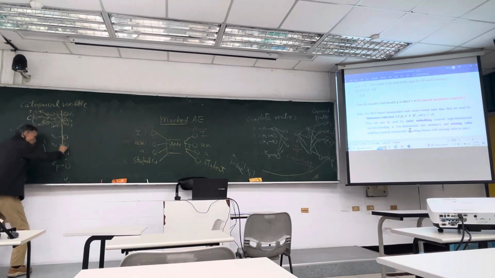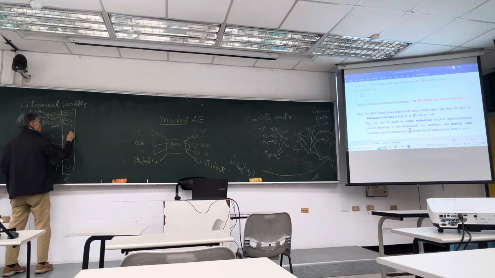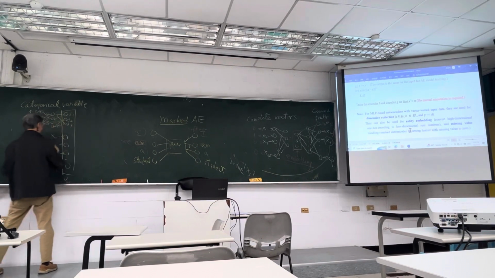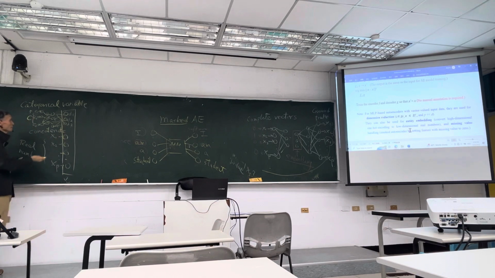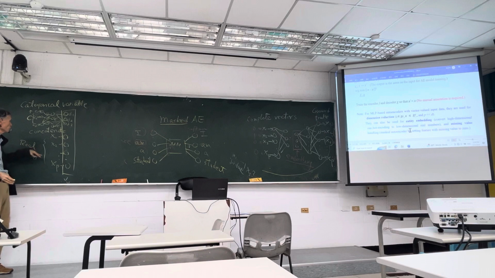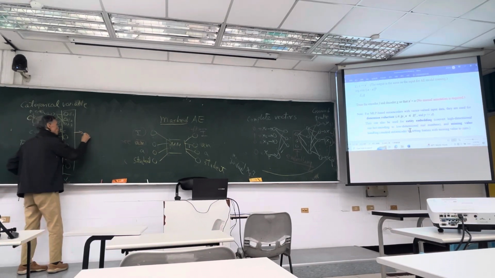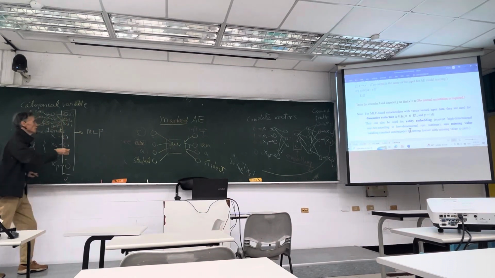And then we put all of them together, which is called concatenation. We concatenate D1, D2, D3 with the real number variables X1, X2, and XP, and then we put it into another MLP.